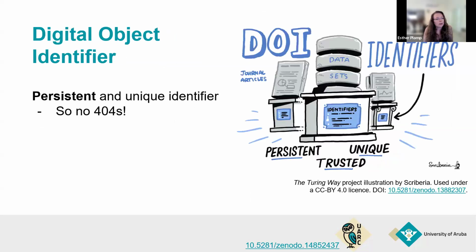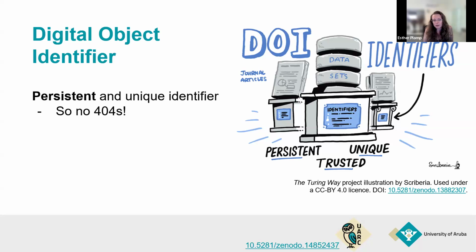A solution to no more crashing computers and knowledge locked up in our heads is a digital object identifier. If we share this knowledge online and assign it a digital object identifier, the knowledge will be persistently available. A digital object identifier is a way to persistently make things available on the internet, as well as uniquely, because every output will have a unique identifier. We see this already a lot in use for journal articles, but you can actually assign it to any data set or any research output.